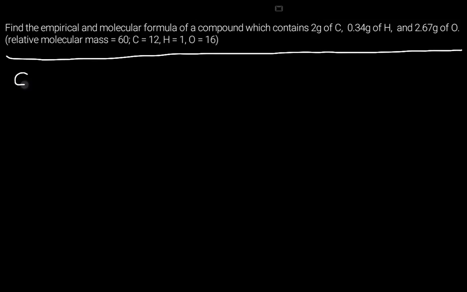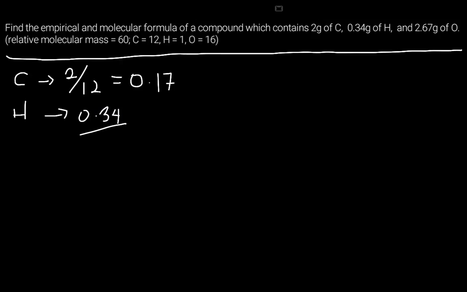So we have carbon. To convert it, for carbon we'll have 2 over 12, the mass in grams divided by the mass of carbon, and so we're going to get 0.17. Then for hydrogen, 0.34 grams will be divided by 1, so we have 0.34.